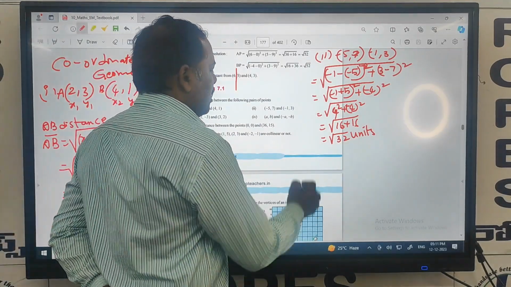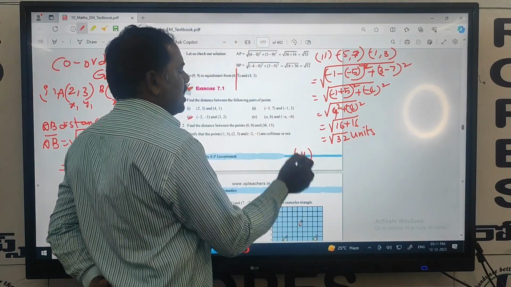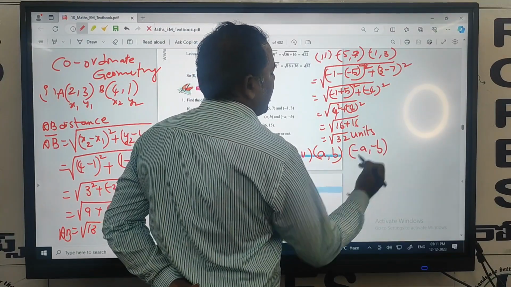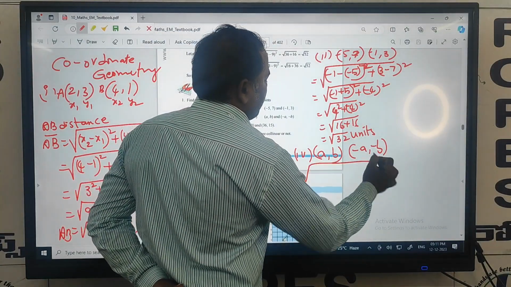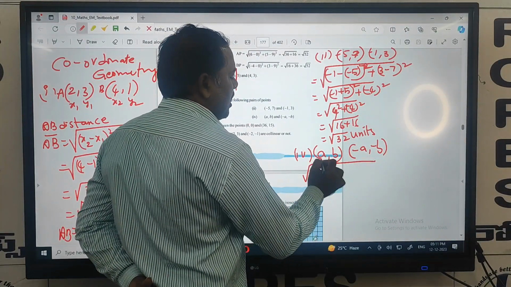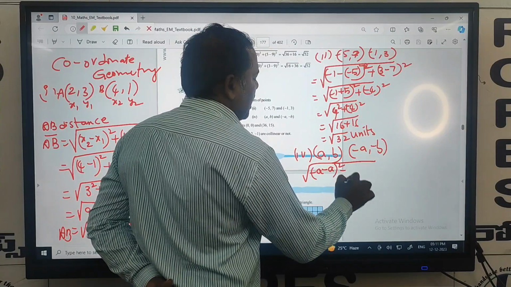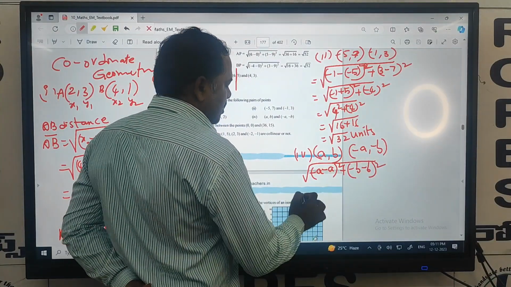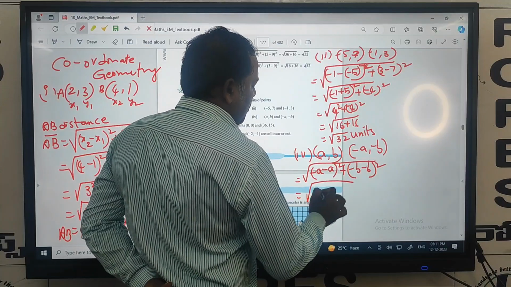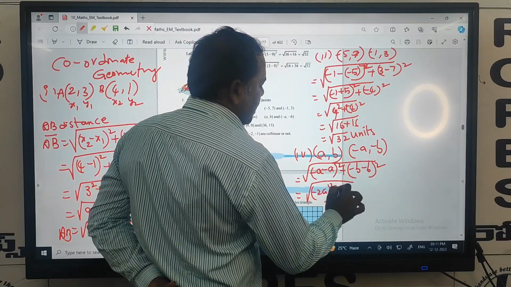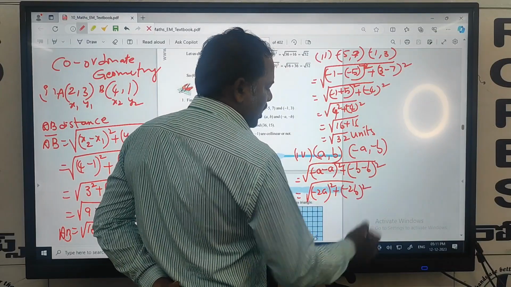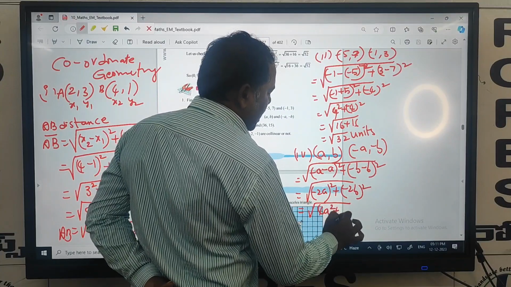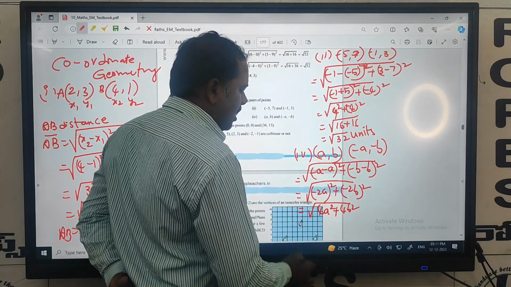Now the fourth one is important. In this one, (A, B) and (minus A, minus B) are given. The distance between these two is the square root of (minus A minus A) whole square plus (minus B minus B) whole square. That is root of (minus 2A) whole square plus (minus 2B) whole square, which equals the square root of 4A square plus 4B square.